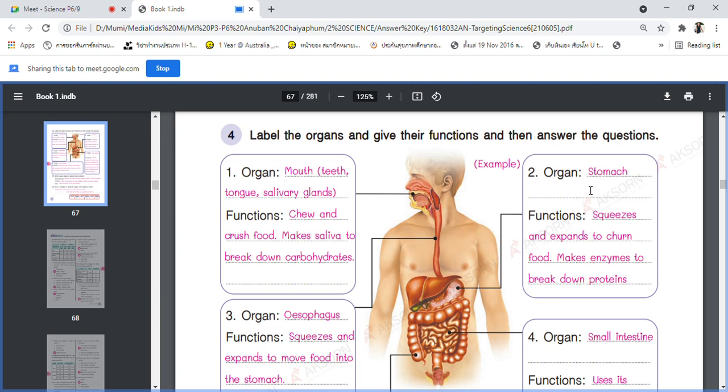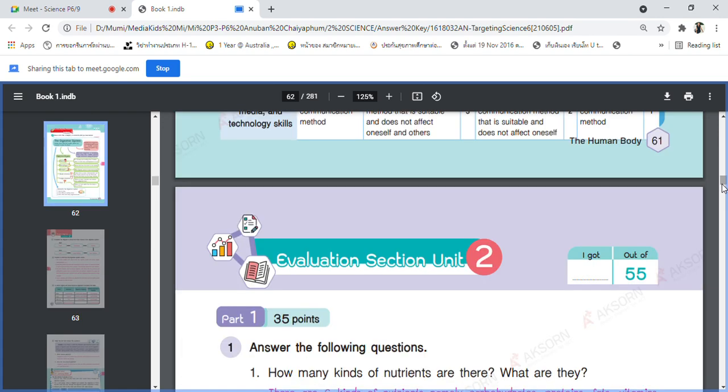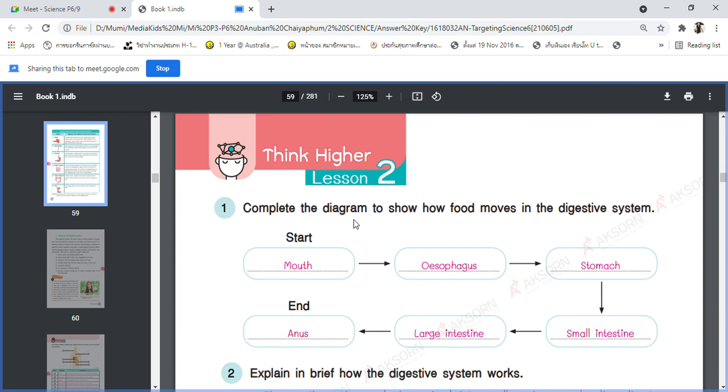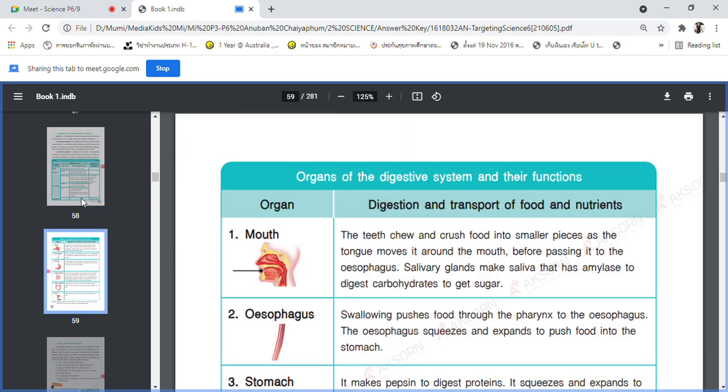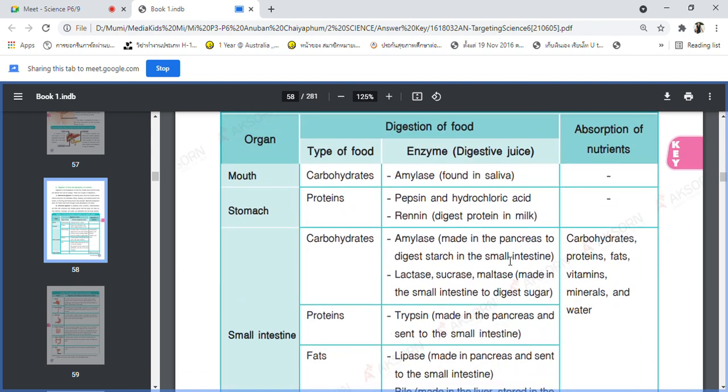Number 2, stomach. It squeezes and expands to churn food, and makes enzymes to break down protein. In the stomach, the protein-digesting enzymes are pepsin and renin.